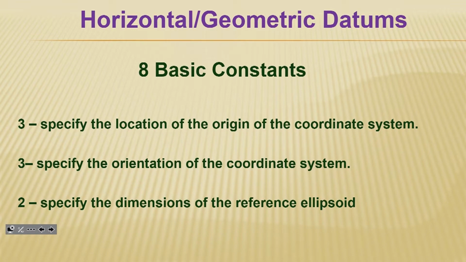So let's look at our national datums for the United States. Today, the national system is referred to as the North American Datum of 1983. It replaced the North American Datum of 1927, or NAD 27.